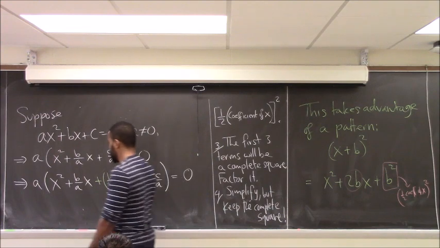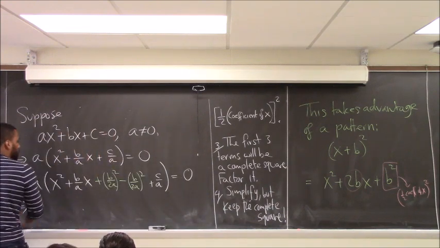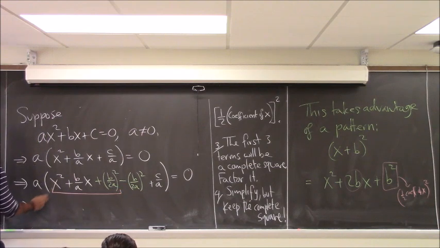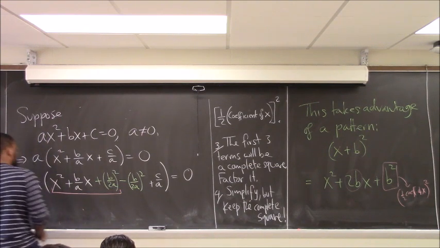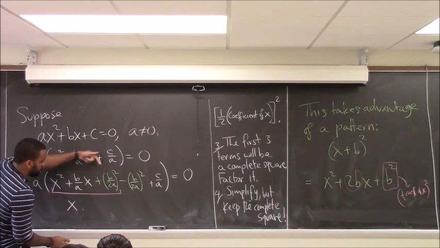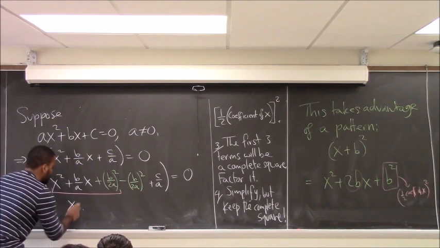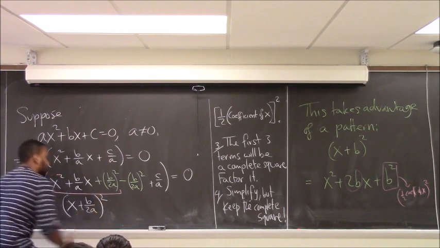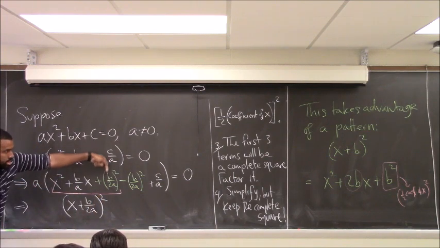Now what is going to happen here is that the first three terms will be a complete square automatically. In fact, it is going to be x plus the guy inside the parentheses, all squared. It'll always be x plus the guy inside the parentheses.